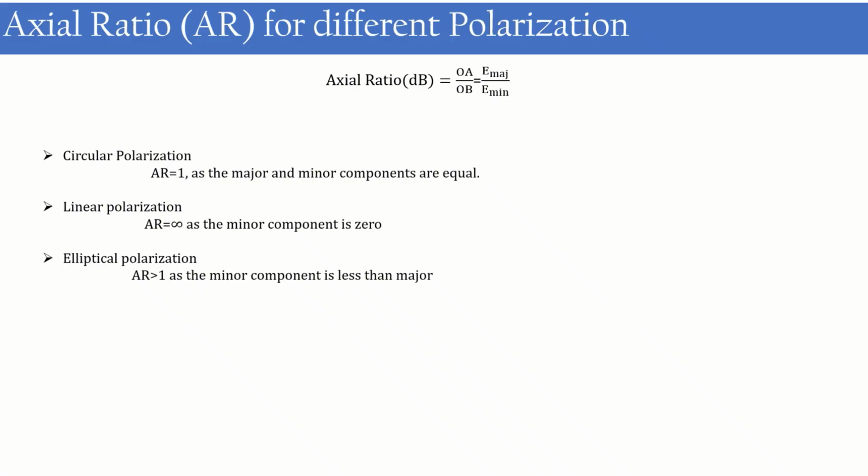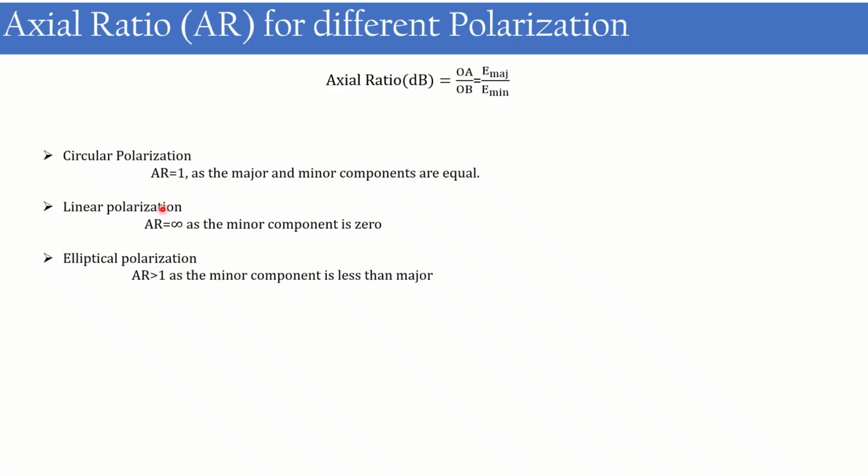These are the axial ratio values for different polarizations. In the case of circular polarization, we know that both the x and y components are the same. That means both major and minor components will be equal, so the axial ratio will be equal to 1.